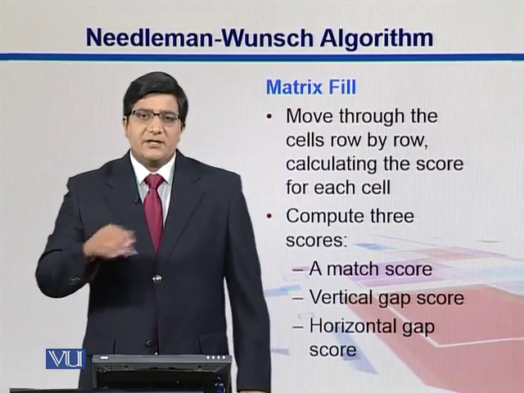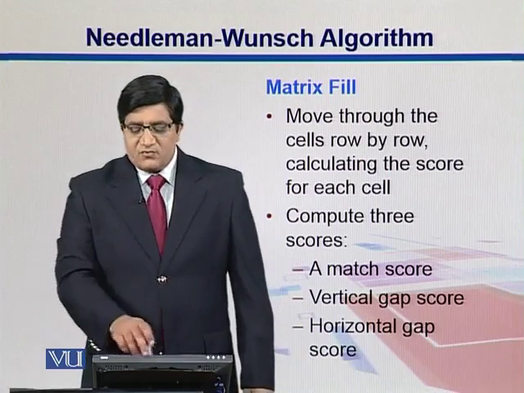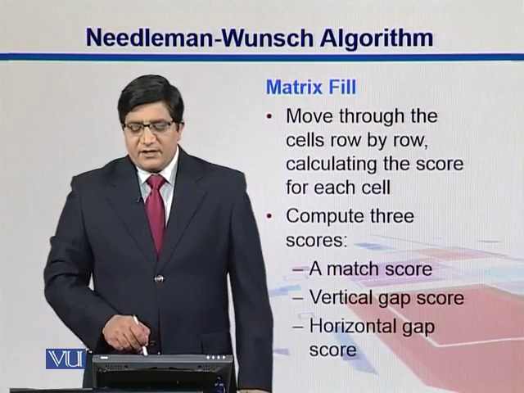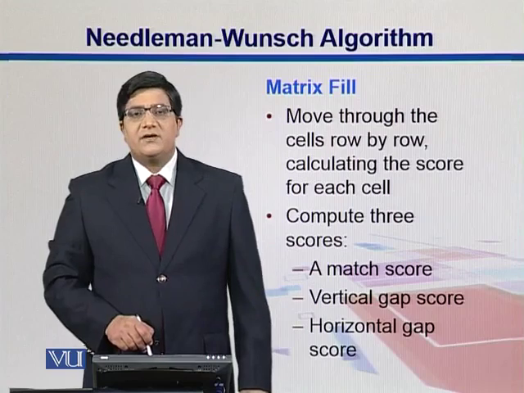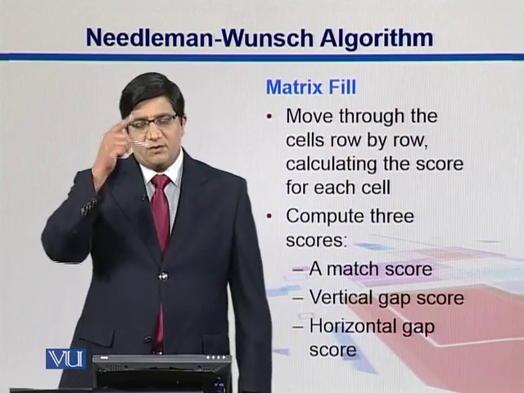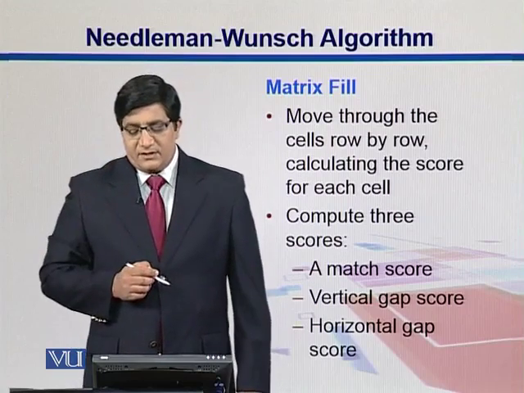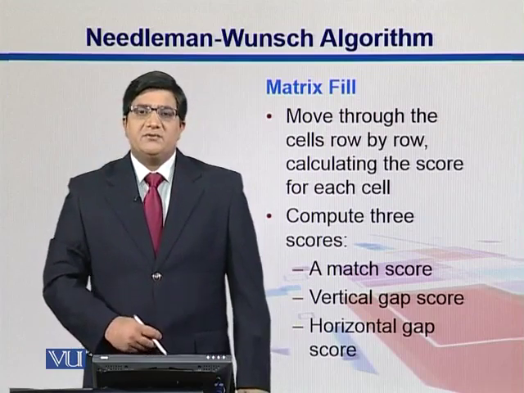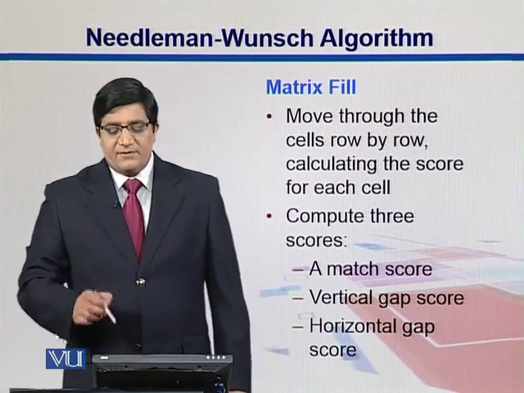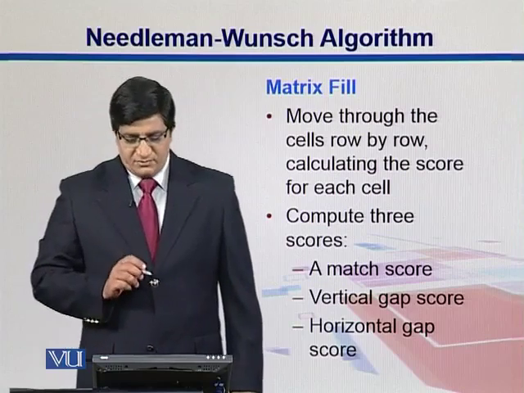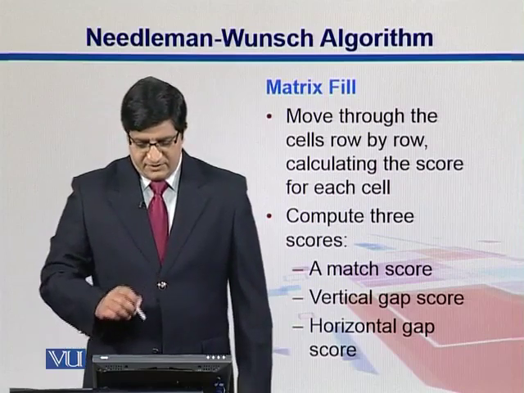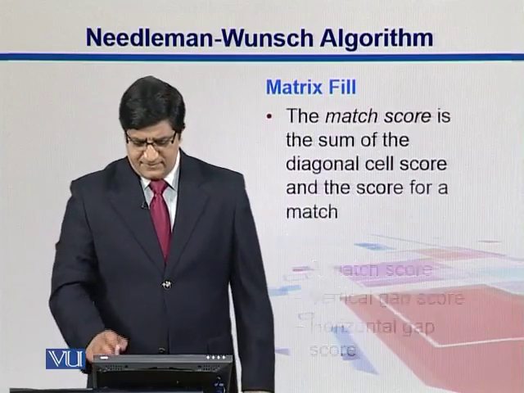So depending upon our scoring scheme, the first part covers both of them. We can take a vertical gap score, where we move from top to bottom, and then a horizontal gap score while we introduce a gap. So in this way we can have 3 different scores. You will learn it when we implement it actually.